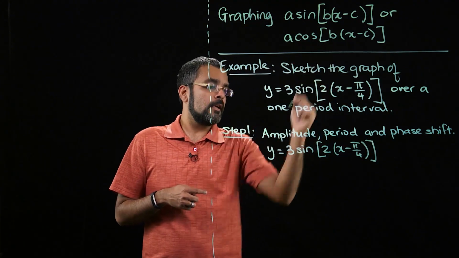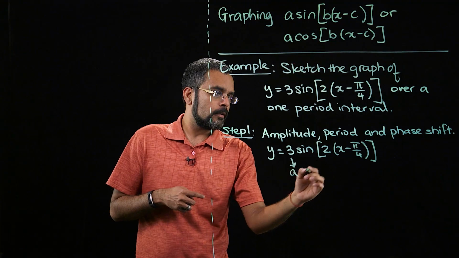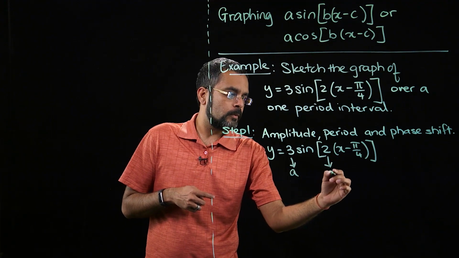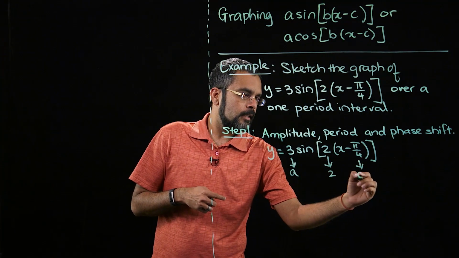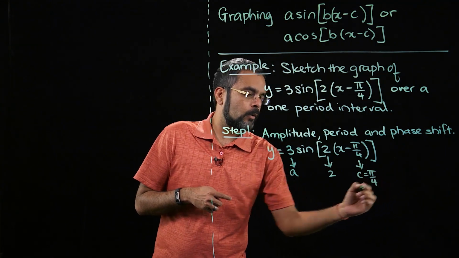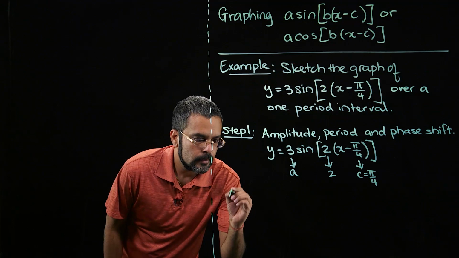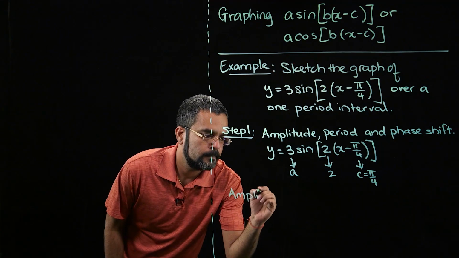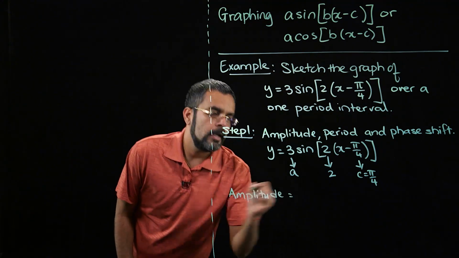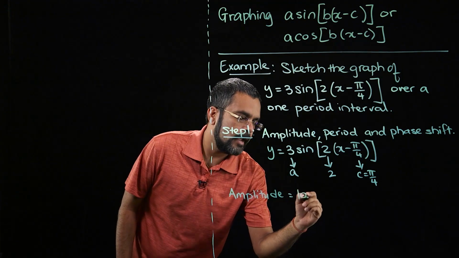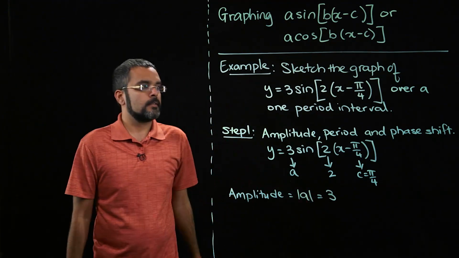If I compare it, I see that a is equal to 3, b is equal to 2, and c equals pi over 4. So my amplitude is given by the absolute value of a, which is 3 in this case.